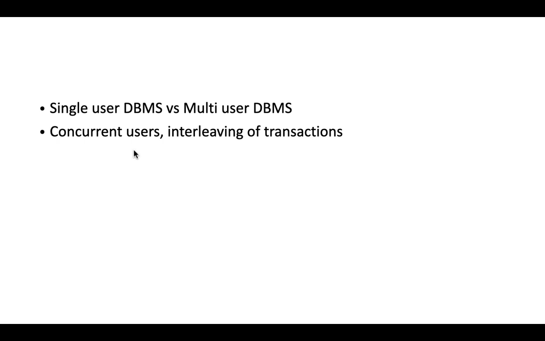So the database or the operating system should take care that all the users' needs are being catered to. So transactions need to occur in an interleaved fashion. That is what we mean by interleaving of transactions.